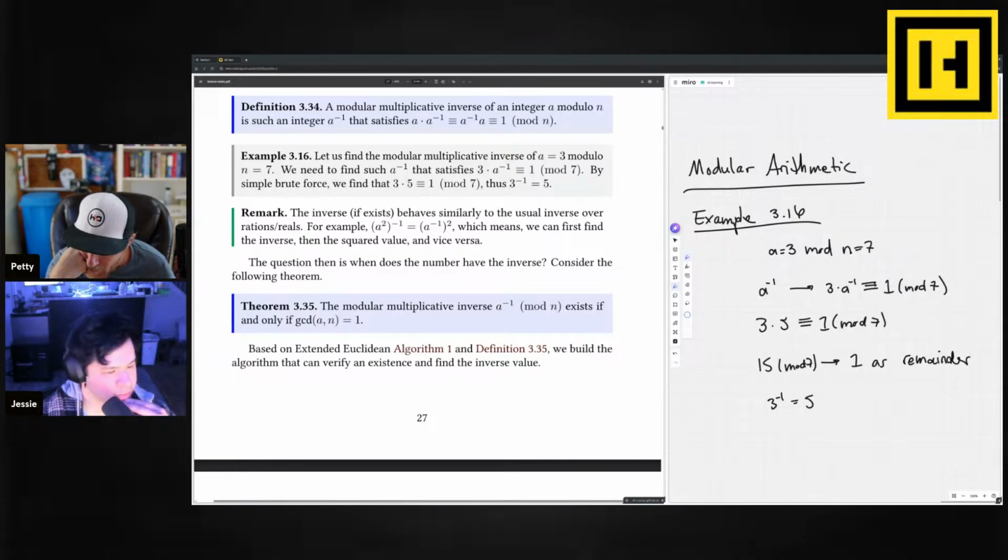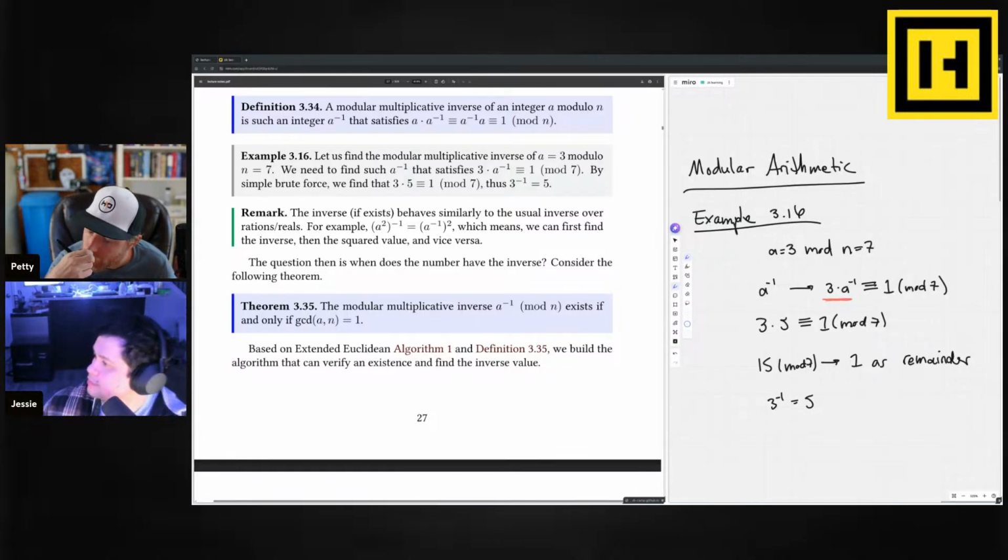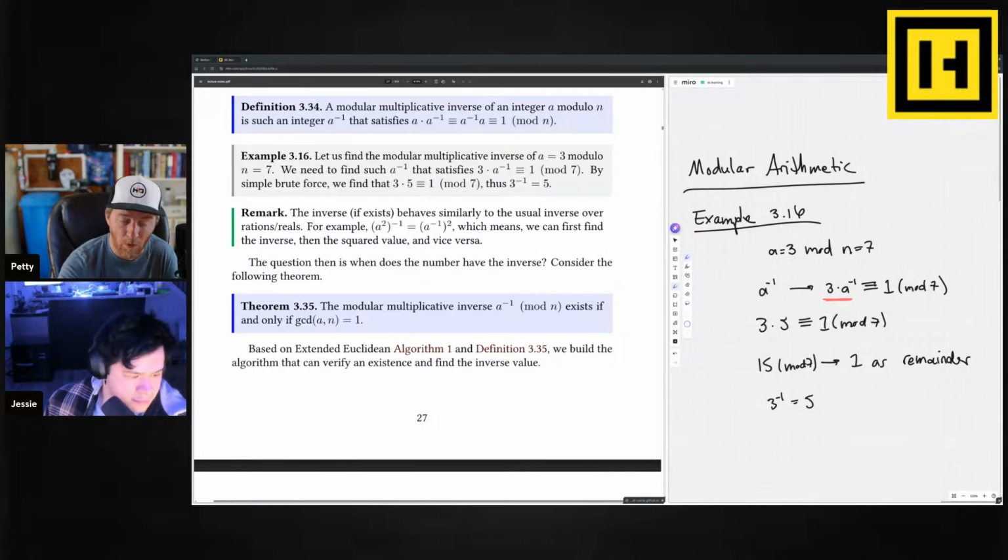Walk me through what you did. I was just reading the example. The example says by simple brute force, we find that 3 times 5 is congruent to 1 mod 7. So I just multiplied out 3 times 5, which gives you 15. Took mod 7, and then you got 1 as a remainder. Right? Yeah.